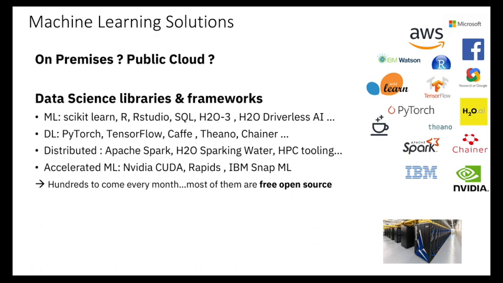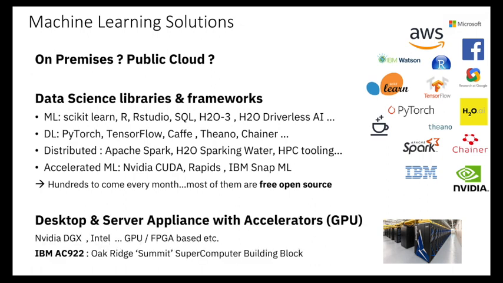Within IBM, we've got accelerated machines like NVIDIA DGX, Intel-based solutions, Power-based. We at IBM have the AC922, the Power 9 based server with acceleration, building block of the Oak Ridge Summit supercomputer. So it's really a matter of choice.